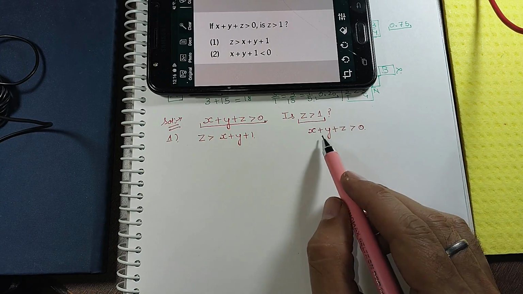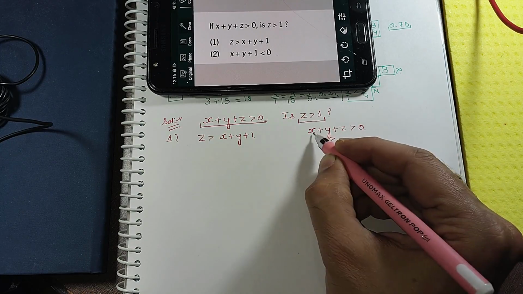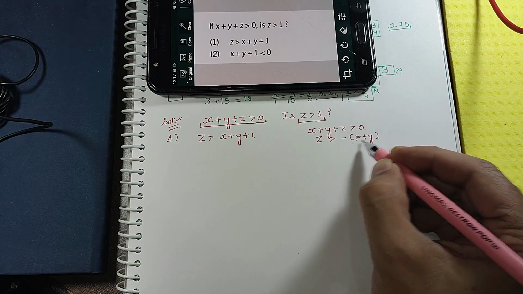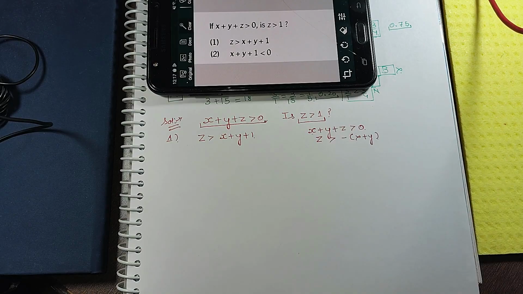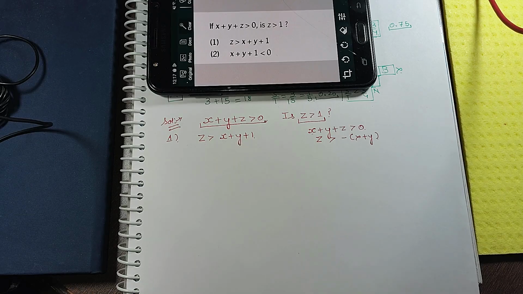Now, since x plus y plus z is greater than 0, shifting the other two to the other side, this will be z is greater than minus of bracket x plus y, right? Now, here I have been given that z is greater than x plus y plus 1.